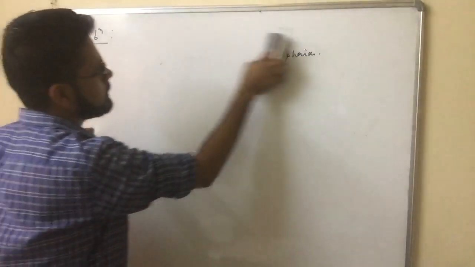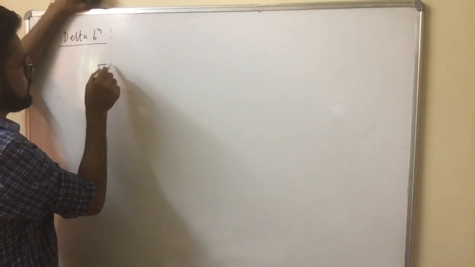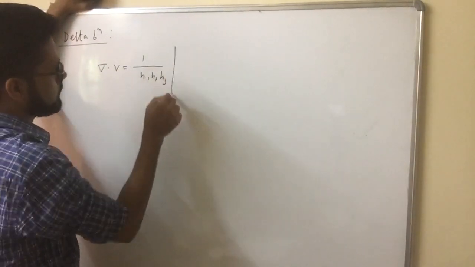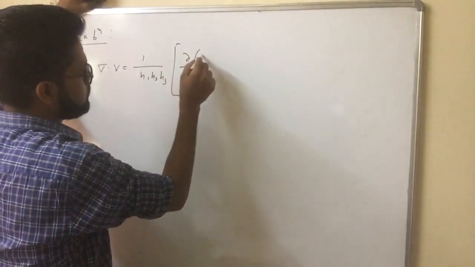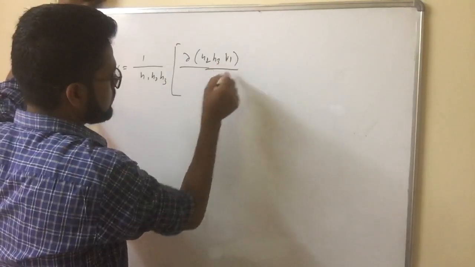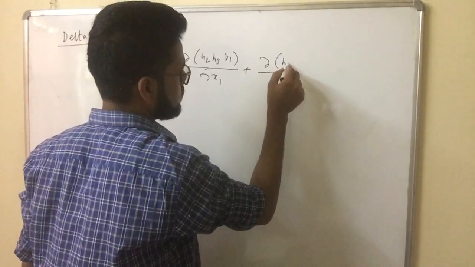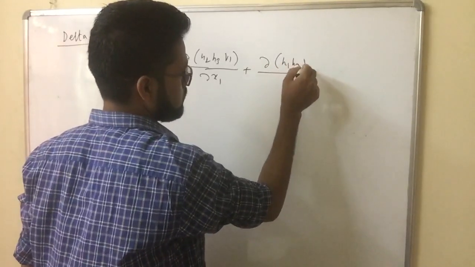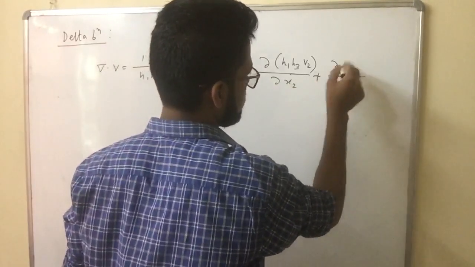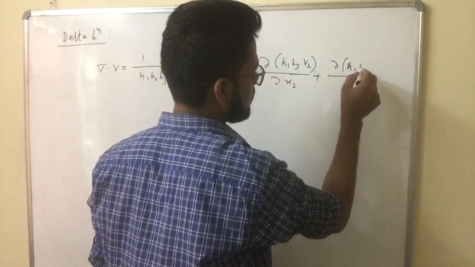What is the general formula? You must remember the general formula for the divergence of V: 1 over H1 H2 H3, first term d by dx1 of H2 H3 V1, plus second term d by dx2 of H1 H3 V2, third term d by dx3 of H1 H2 V3.